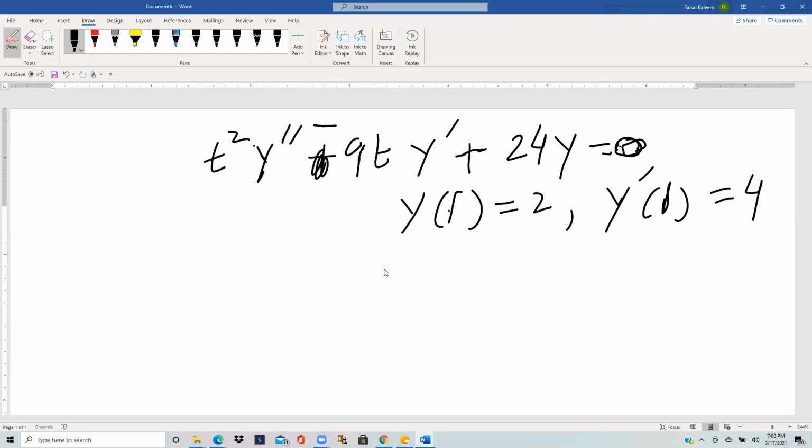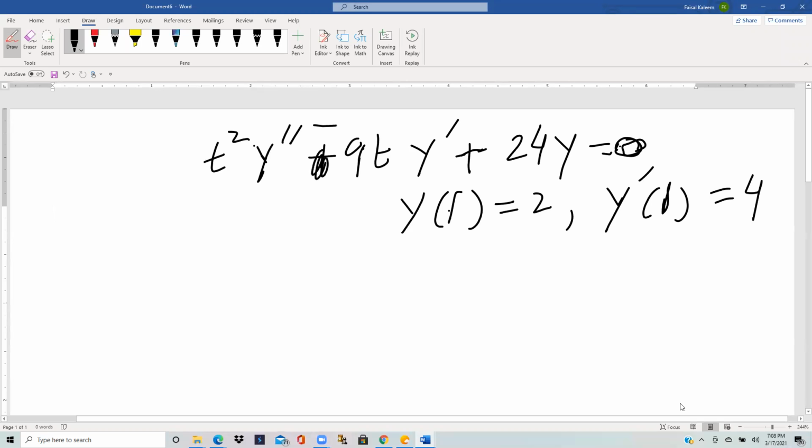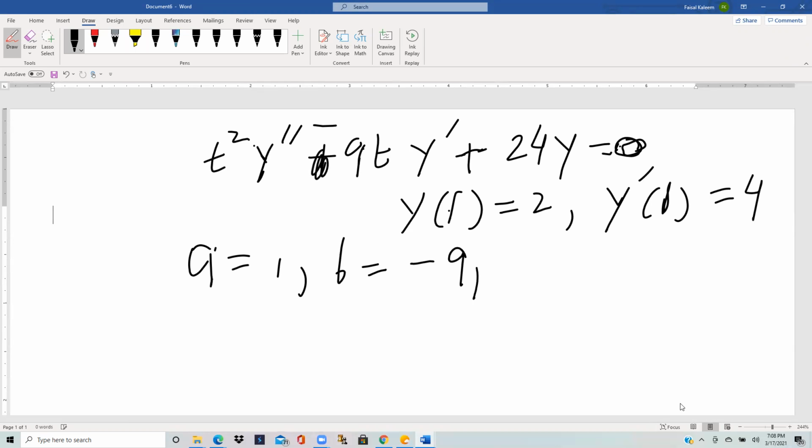Okay. So here the auxiliary equation, let's just first note a, b, and c. a is equal to 1, b is equal to −9, c is 24.